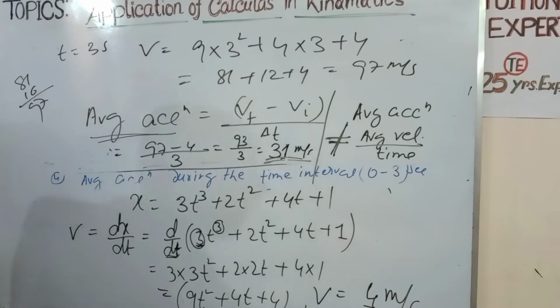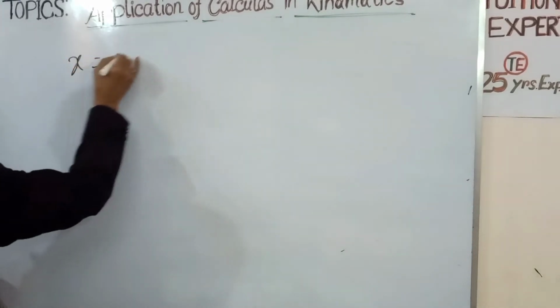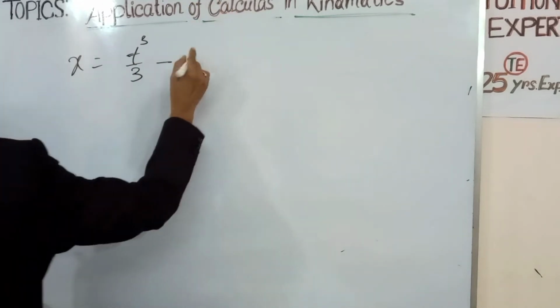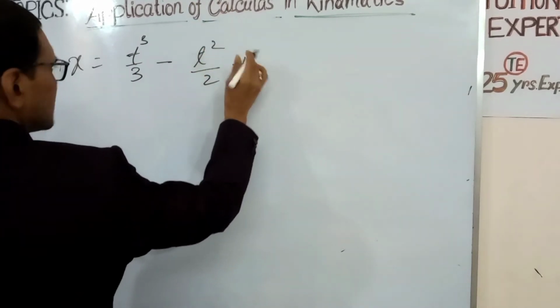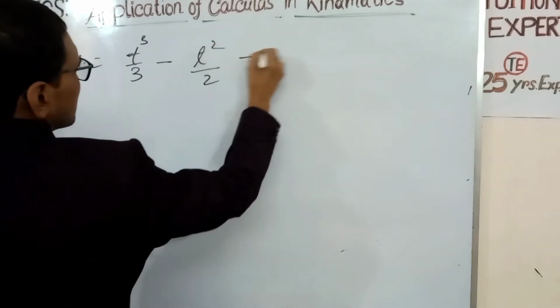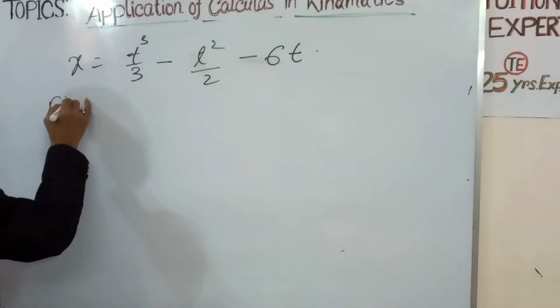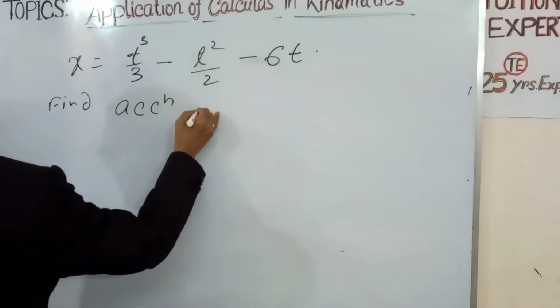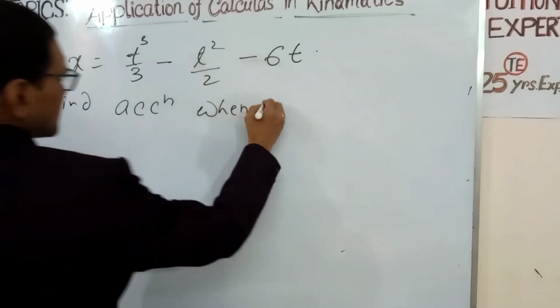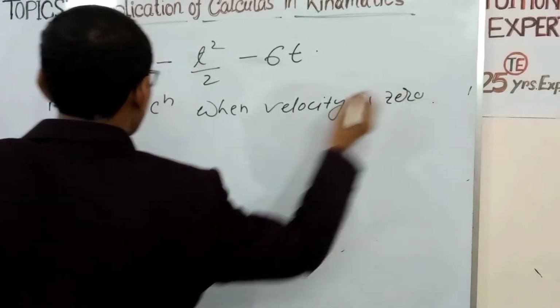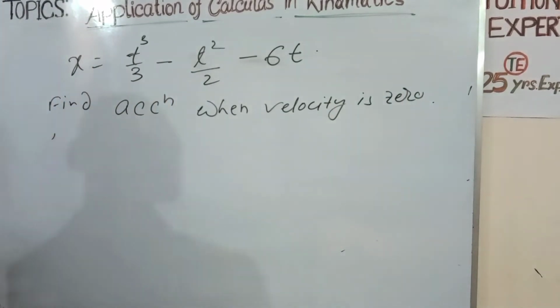Now another question: suppose x equal to the given expression, find the acceleration when velocity is 0.